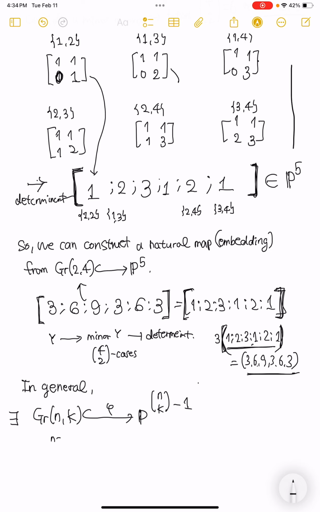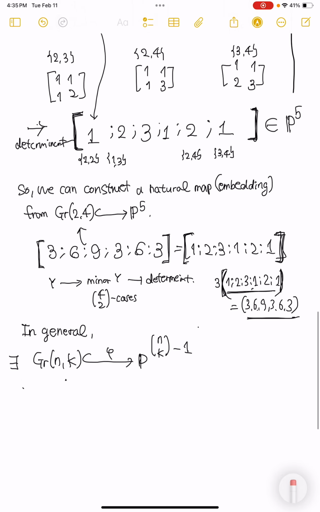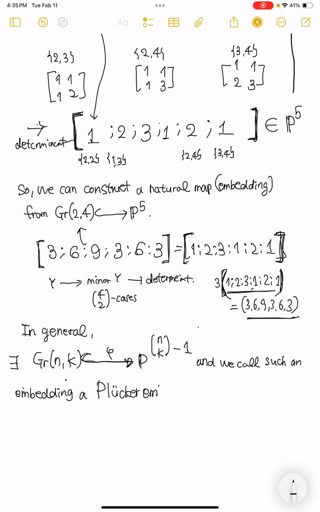In that case, k equals 2 and n equals 4, you can compute 5. So it is general. We can construct a general map between the Grassmannian and projective space, and we call such an embedding a Plücker embedding.